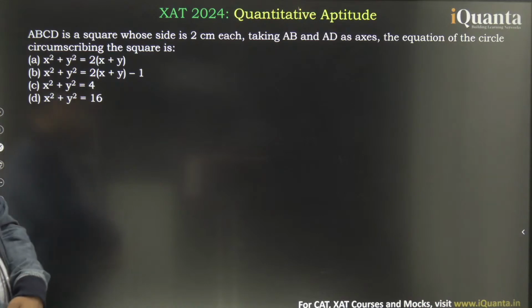Please solve this. ABCD is a square whose side is 2 centimeter each, taking AB and AD as axis.